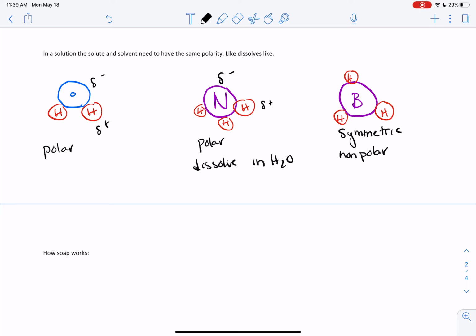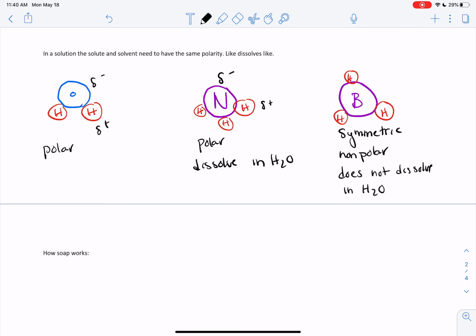So that means it's nonpolar, so it does not dissolve in water. Okay, so the idea here is polar molecules will only form solutions with other polar molecules, and nonpolar molecules will only form solutions with other nonpolar molecules.